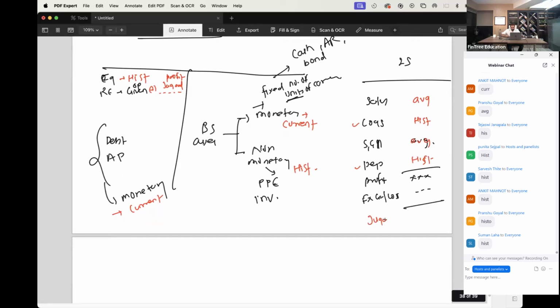Let's call it jugaad profit. So this is where I'm doing that as a plug figure. This is where I get that number, and this number goes in here so that my balance sheet tallies. So the idea is you need to reverse calculate your FX gains and losses in such a way that when you transfer the current year profit to retained earnings, the balance sheet tallies. This is how we do temporal method.